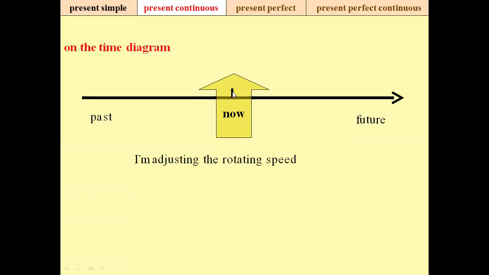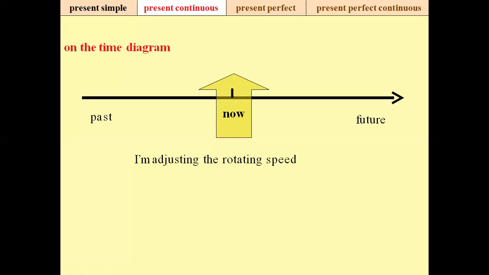In the simple present tense it is not on the exact position of now. So for things happening exactly now, we use the continuous present tense and not the simple present tense.